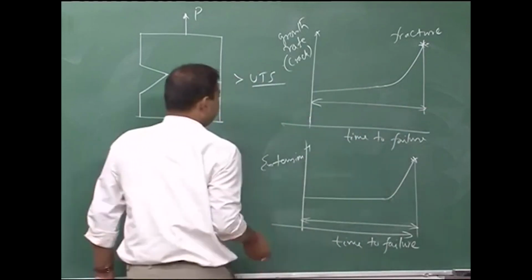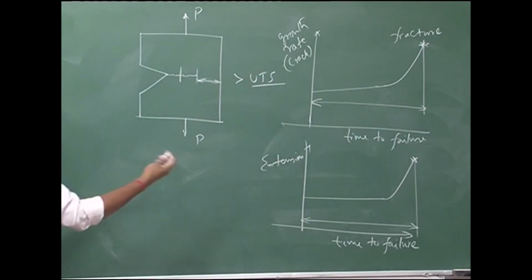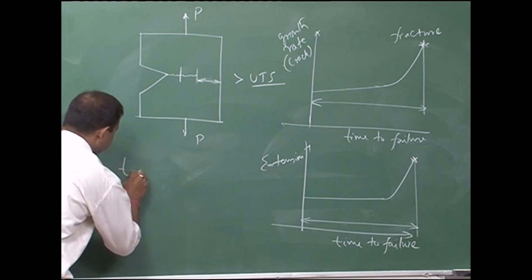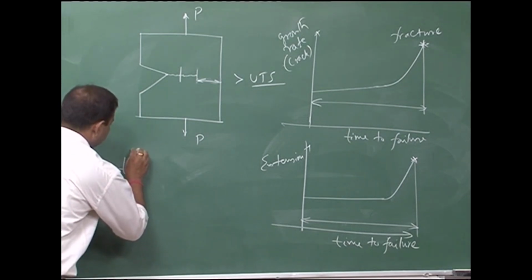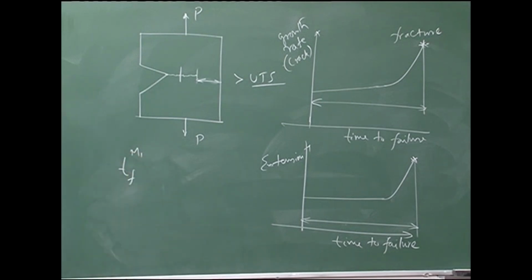So, that means, if a particular metal is exposed to a particular solution, this is TF for metal M1, and another metal M2 is exposed to the same solution at the same stress level.